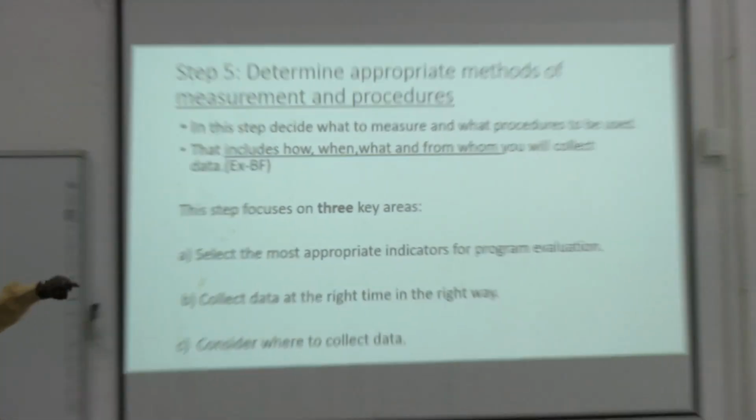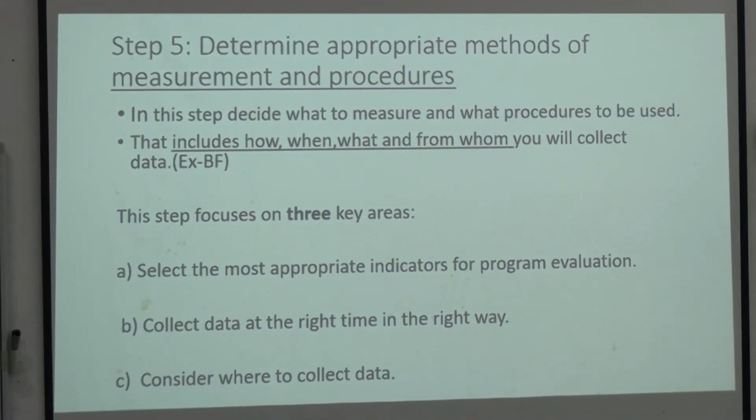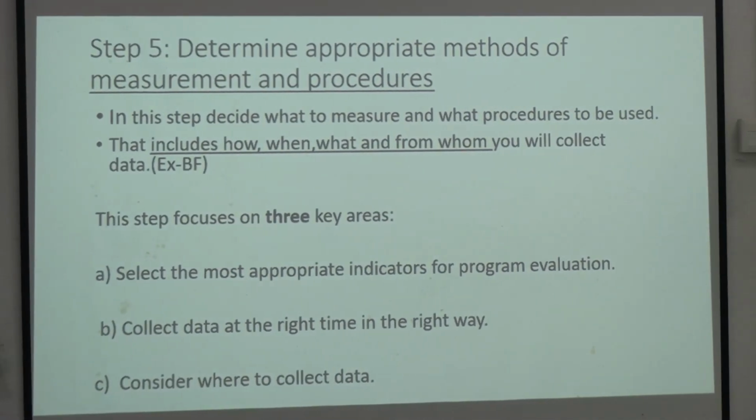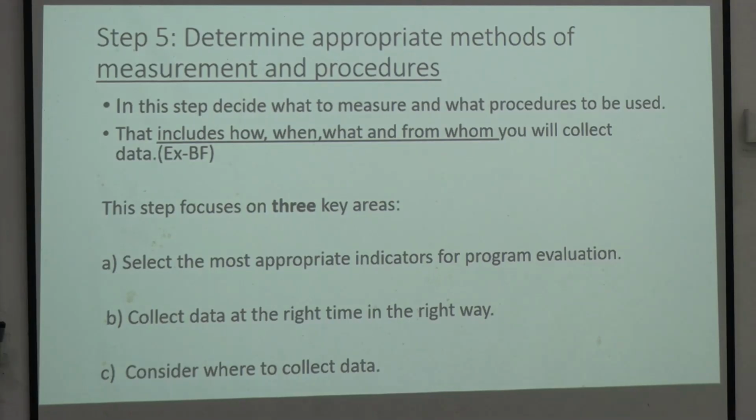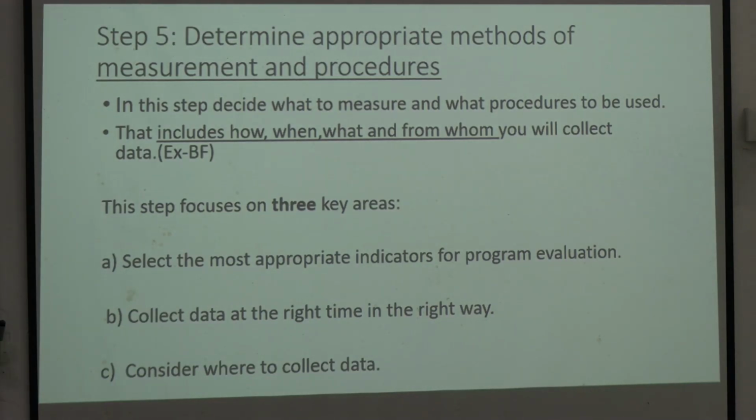This step focuses upon three key questions. Select the most appropriate indicators for program evaluation. Number 2, collect right data at the right time in the right way. And third one, consider where to collect data. So, three things you have to consider.